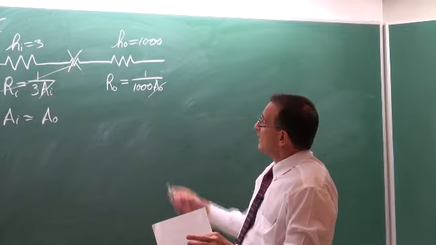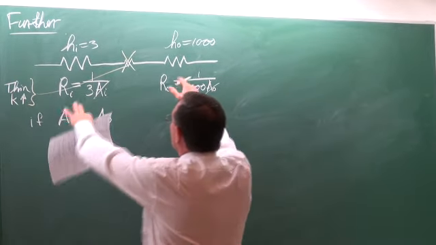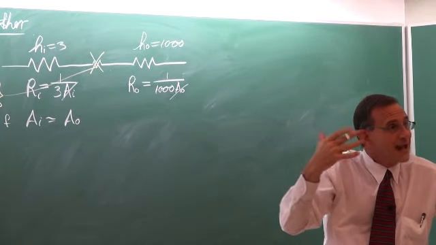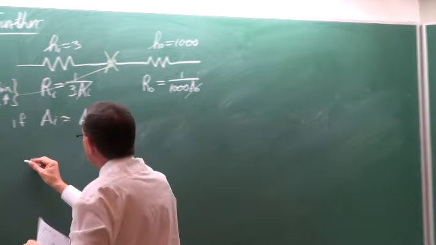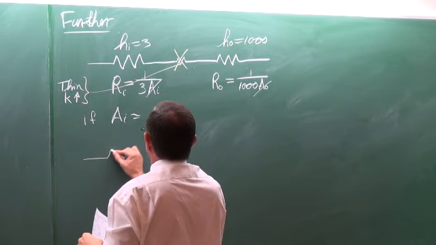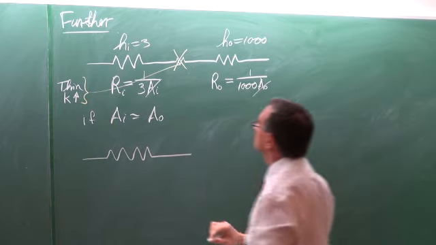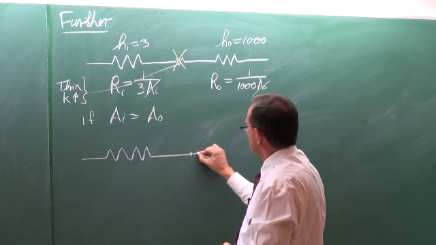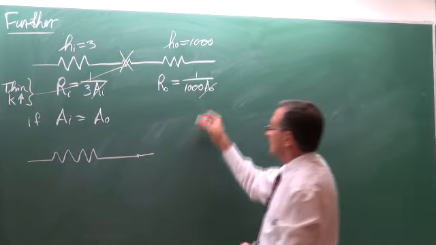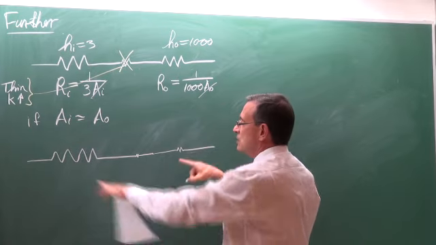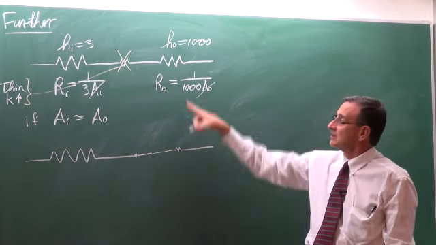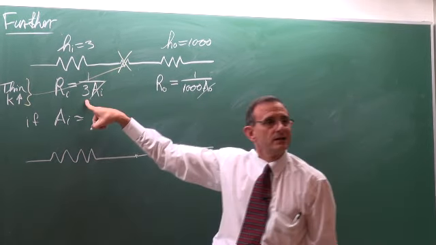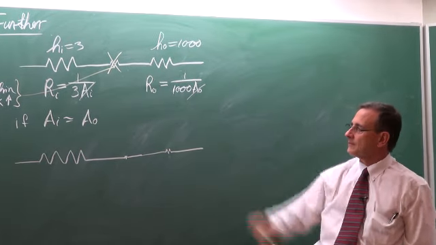And therefore, if we look at these values and try to get a better understanding of what is happening here, we should actually redraw this. And we should redraw it showing that we've got a very high resistance here. This resistance is negligible. Okay. And this resistance is smaller than that one because it's 1,000. 1 divided by 1,000 is much smaller than 1 divided by 3. Okay?